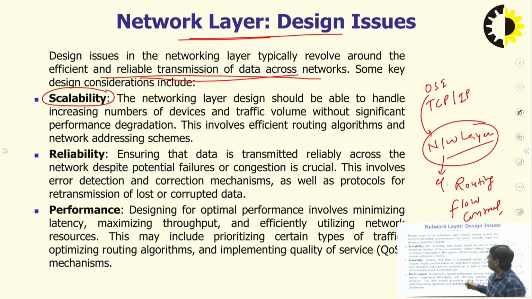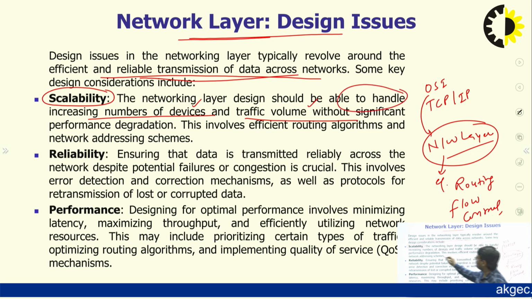That is, whenever we increase the number of devices and traffic volume, with the increase in the number of devices connected with the network or traffic volume, the network must be able to handle it without the degradation in the performance. So, this is the meaning of scalability.